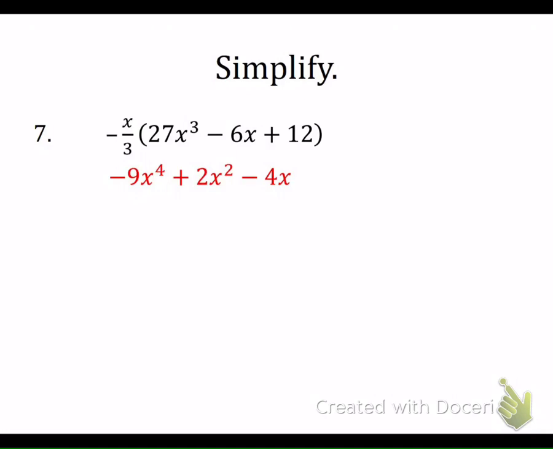So we are multiplying each term. If you want to just see how they all divide by 3 and kind of do the work as you go, you can cross that out and make it a 9. You cross that one out and make it a 2. Cross that one out and make it a 4. And then just the 3's already taken care of. Do you know what I mean?